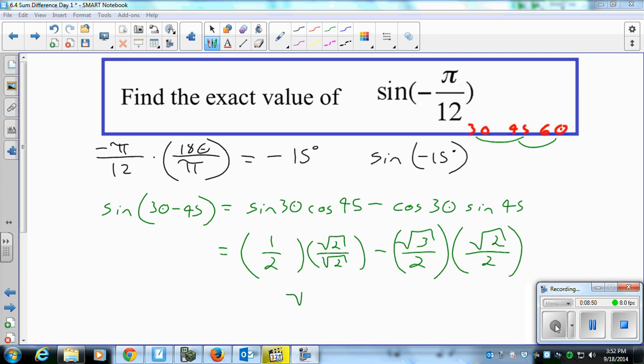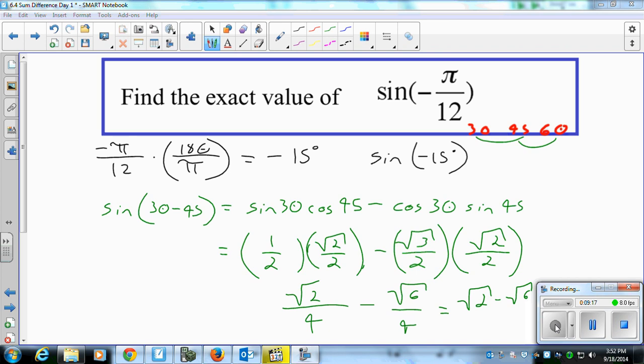Multiply these out, we get square root of 2, oops, that was just over 2, my bad. And then I get square root of 2 over 4 minus square root of 6 over 4, and I get square root of 2 minus square root of 6 over 4.